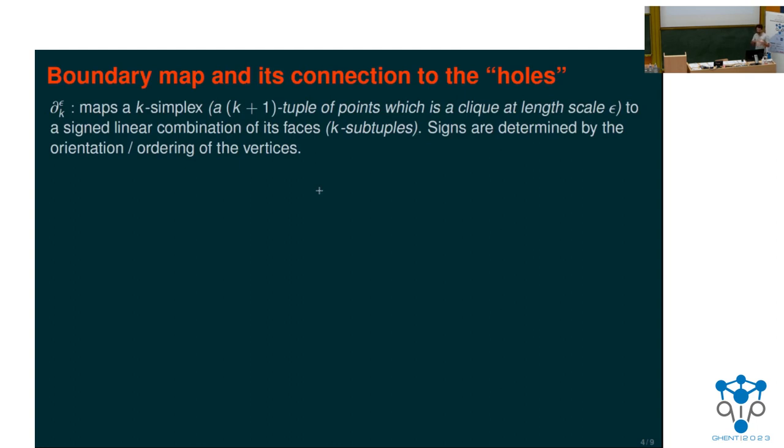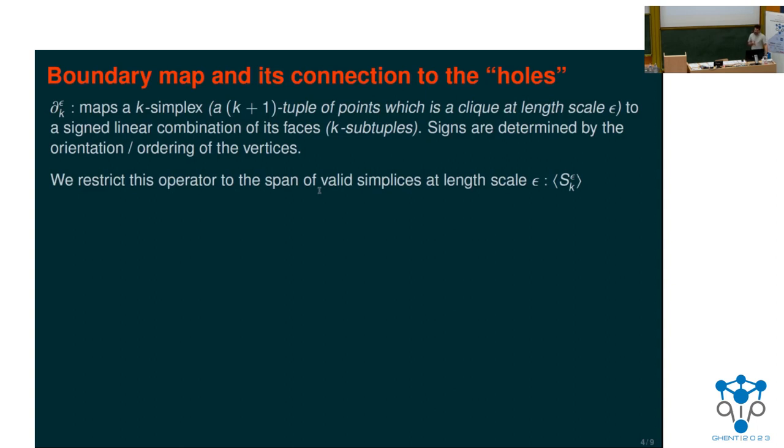So it maps a simplex to a linear combination of its faces. If it's an oriented simplicial complex, which is the case in data analysis, then there are some signs that you put in front of this linear combination that give information about the orientation. And if you define your boundary map this way, then it actually tells you information about the number of holes.